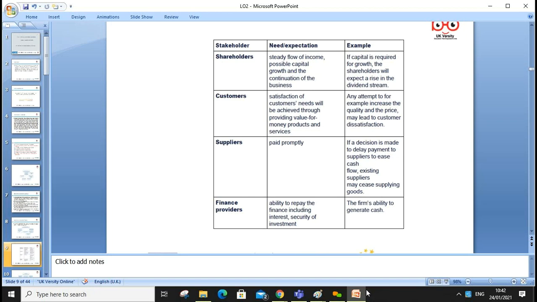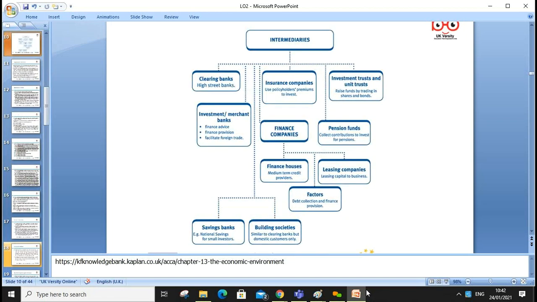Customer satisfaction needs to be achieved through providing value for money. That's where fiscal policy helps them. Suppliers need to be paid promptly by the companies. Finance providers look at the firm's ability to pay. So these are the fiscal policy's impacts.